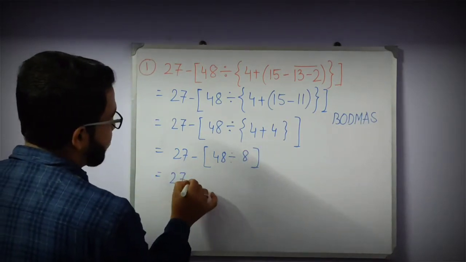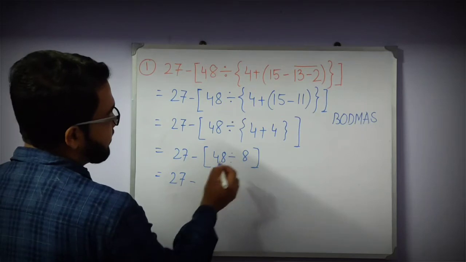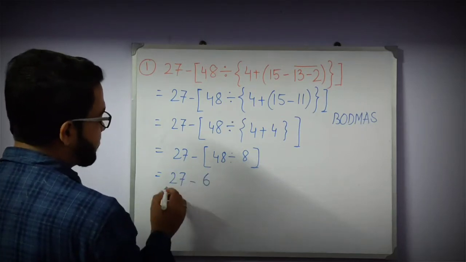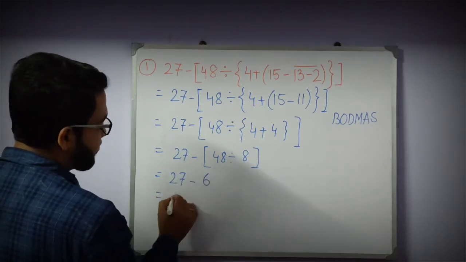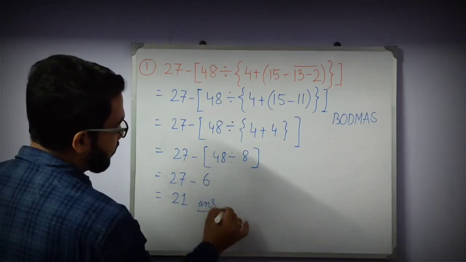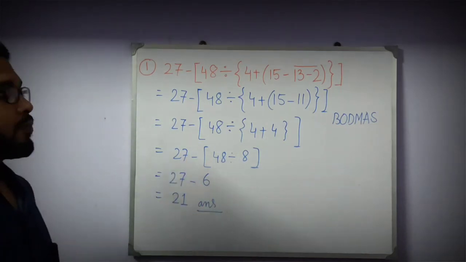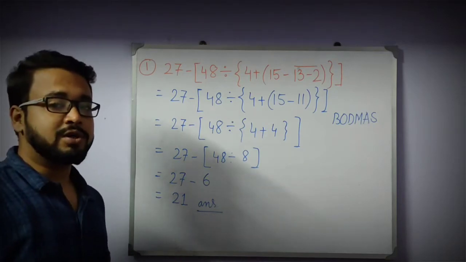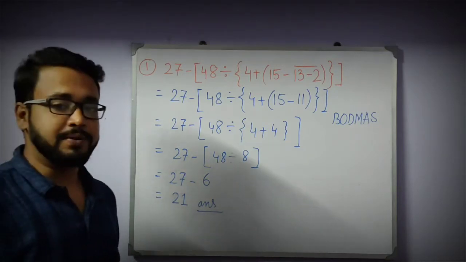Now 27 minus 48 divided by 8 means 6. 27 minus 6, so 21 will be your answer. Pause the video or take a screenshot and write on your copy.